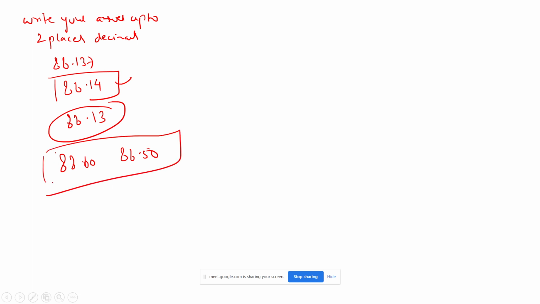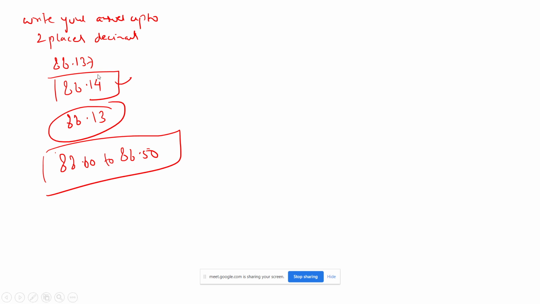Why will they give a range like this? You don't have to approximate there. No, no, write exactly what is coming to you. Don't approximate. Even if they are not asking for decimal places, you should write your answer in decimal.